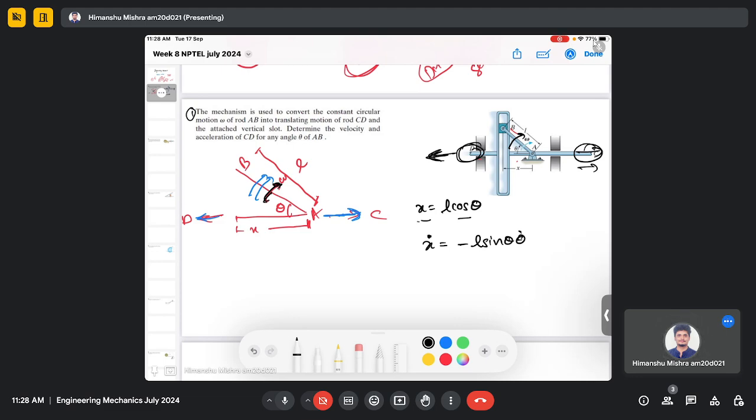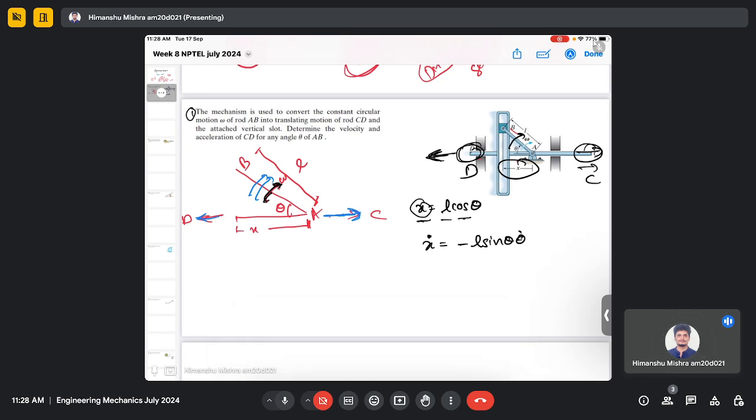So if I write this X as L cos theta, this X should be changing in time because this rod CD is moving in the horizontal direction, which means that if I differentiate this with respect to time, I will get the X dot, the rate at which X is moving in time, as minus L sine theta, theta dot, right? And this is the velocity of CD.